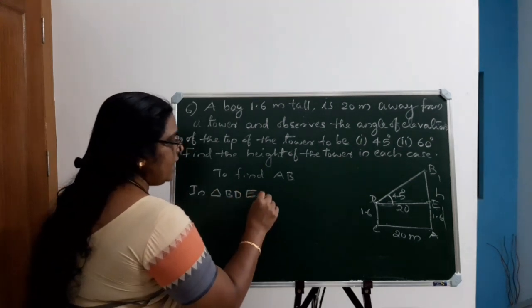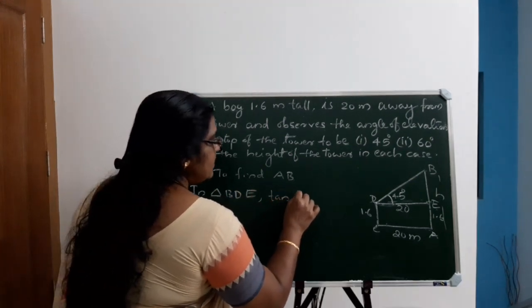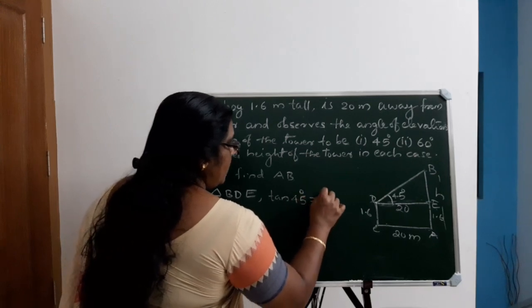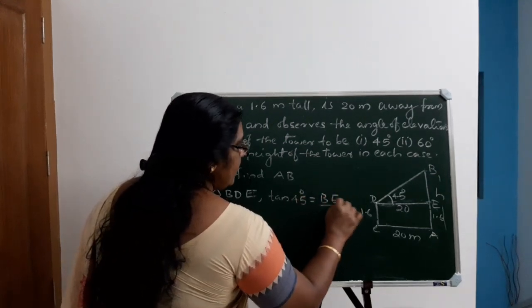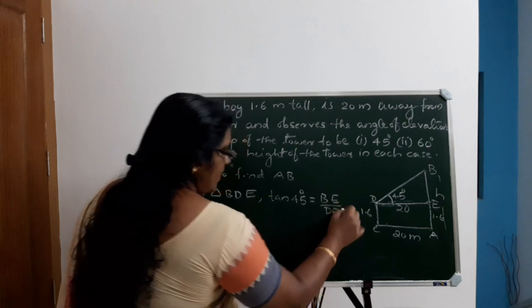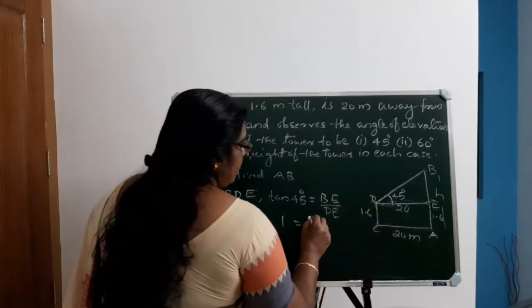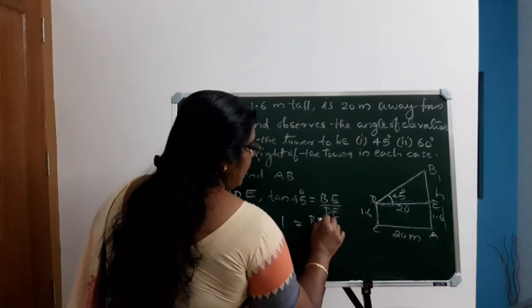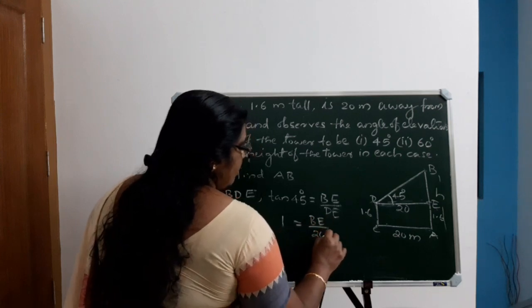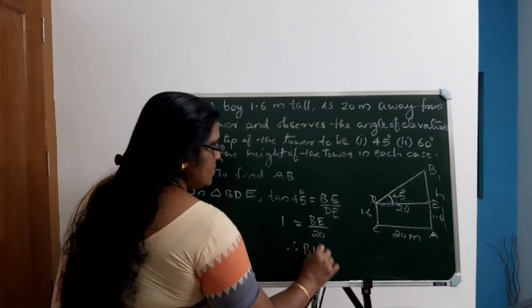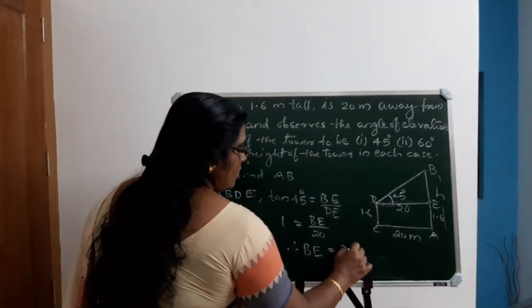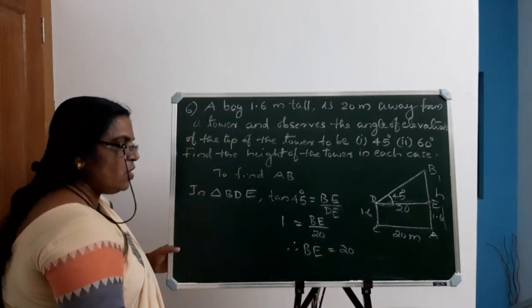In that triangle, tan 45 degrees equal to perpendicular BE by base DE. Tan 45 is 1. 1 is equal to BE divided by 20. Therefore, when we cross multiply, we get BE is equal to 20.